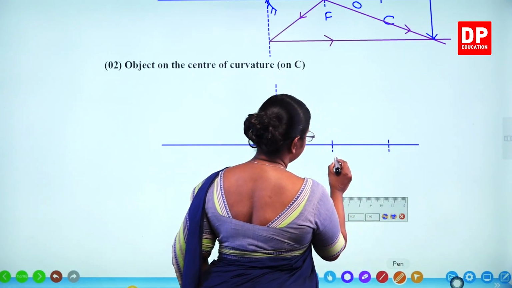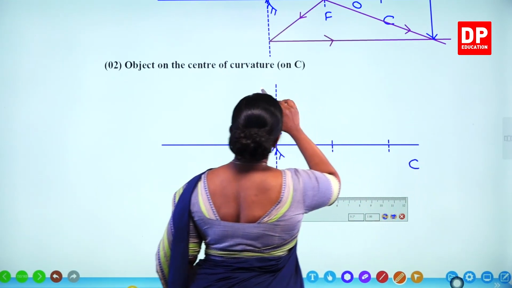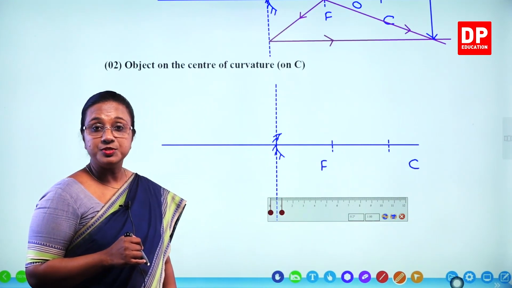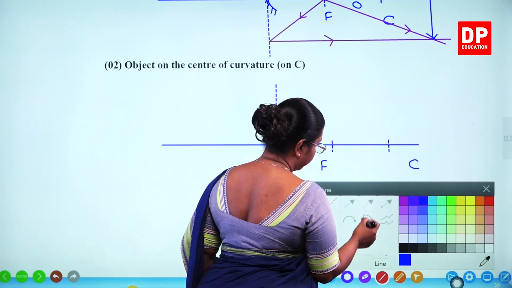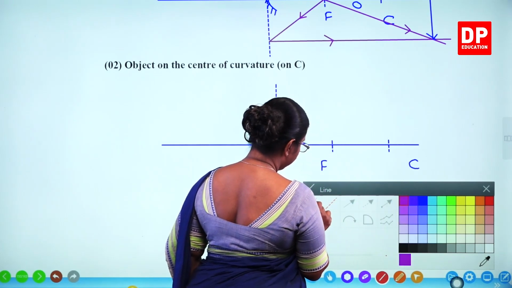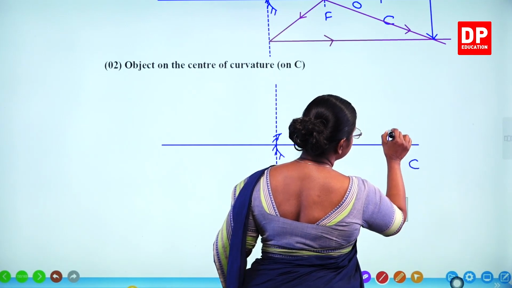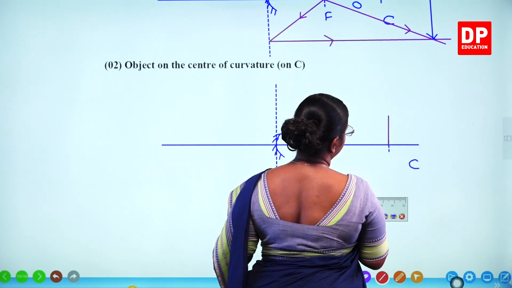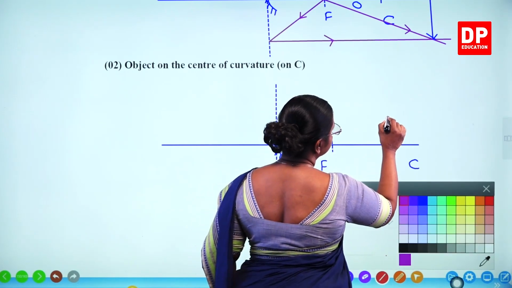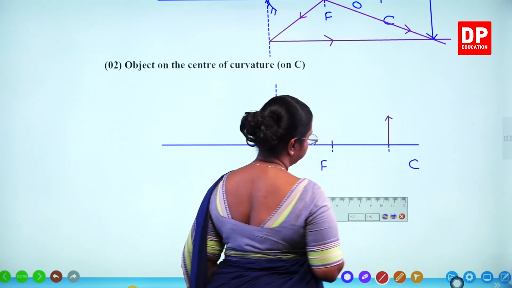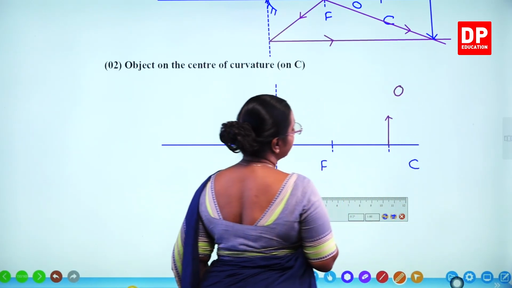Okay. So I will have to write it as F and C. So here we are going to have the object also on C. To draw the object, now I will use a different color. So this is going to be the object. So you can also write it as O there.